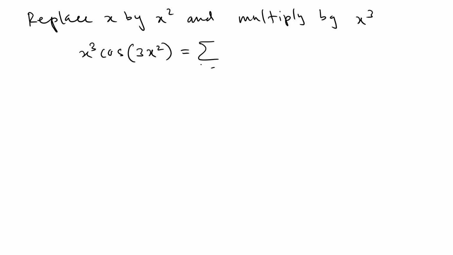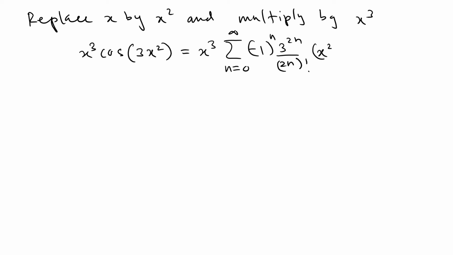Actually, we can leave this x cubed outside, just to make it less complicated. So we're going to replace x by x squared. So it is negative 1 to the n, 3 to the 2n with no change, factorial 2n with no change. But here, what happened is x is replaced, so earlier we had x to the 2n, and what we have now is x squared to the 2n.